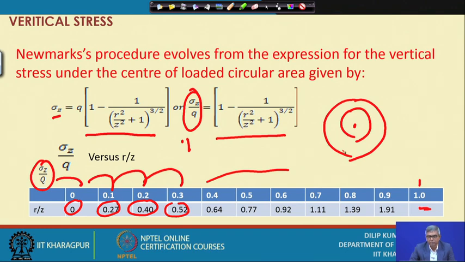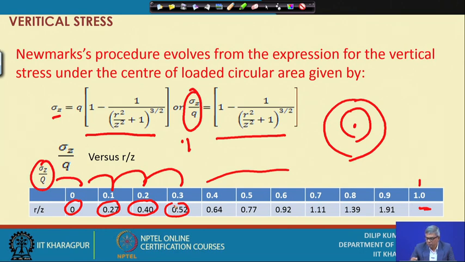The principle of Newmark's chart is this: suppose we have different R by Z values, and our main purpose is to find the vertical stress at a depth Z. Z can be anything, suppose 2 meter, 4 meter, 6 meter, 8 meter.